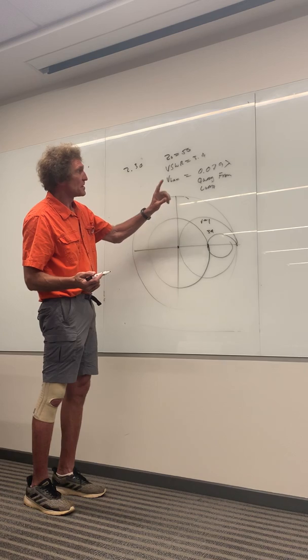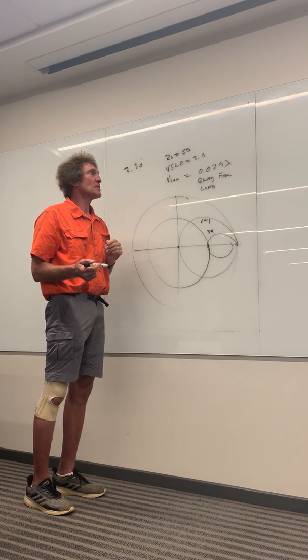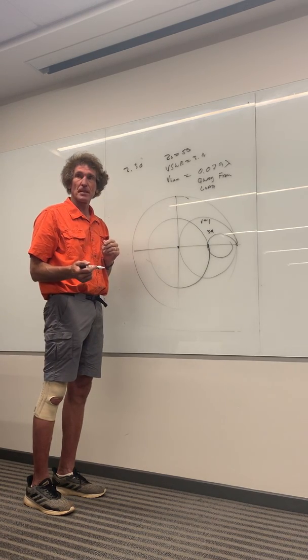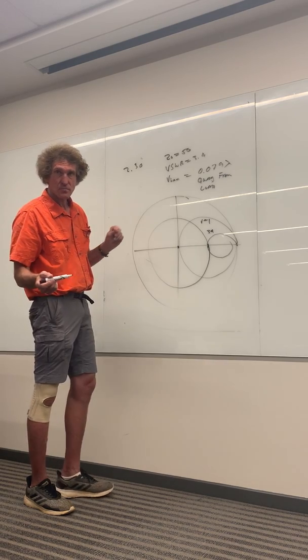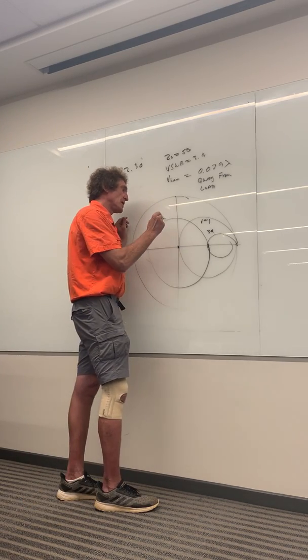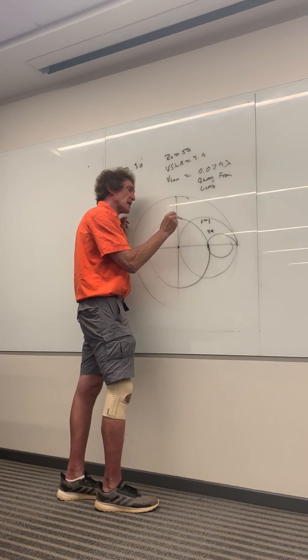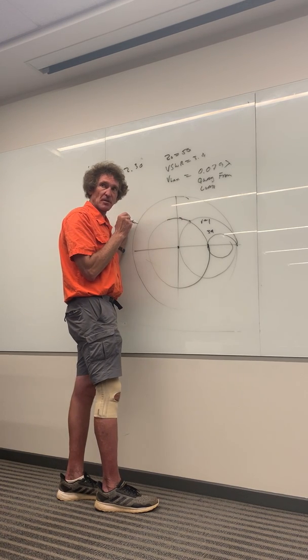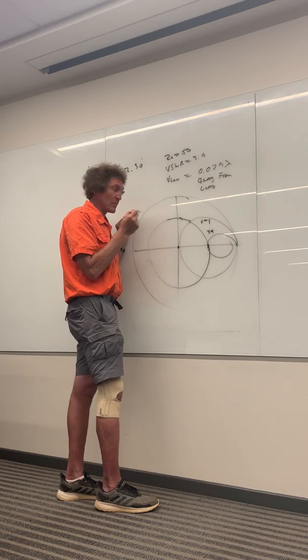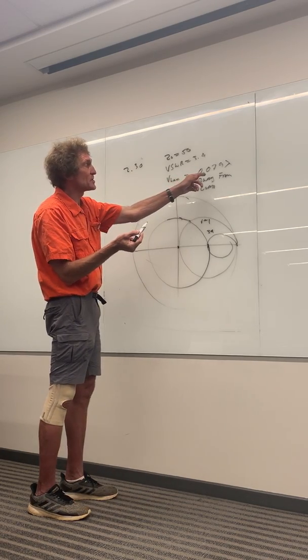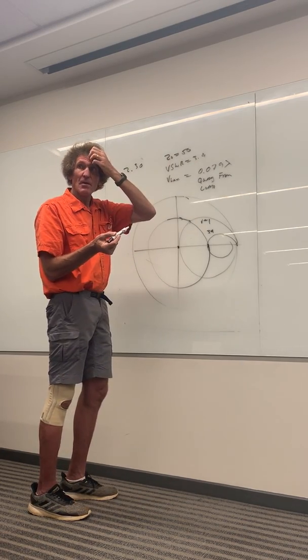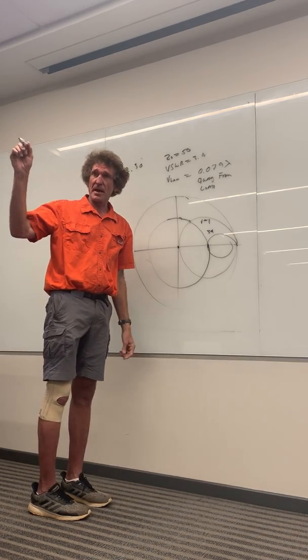Next, he says that the maximum occurs 0.079 from the load, right? Now think about this. If I'm moving in this direction, I'm moving wavelengths towards generator, right? So it's 0.079 lambda from the load where the maximum occurs.